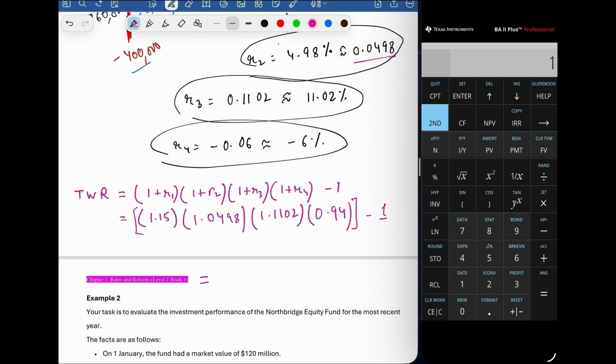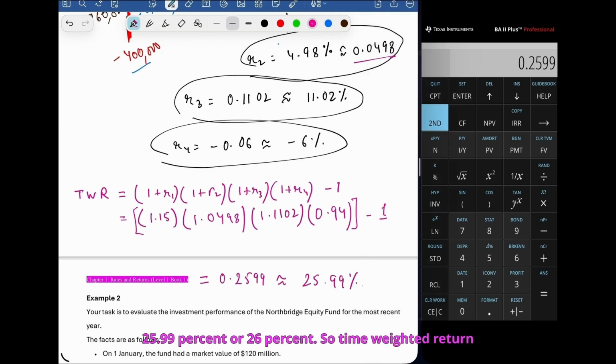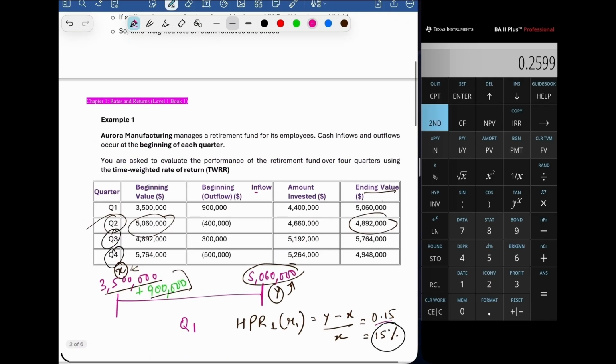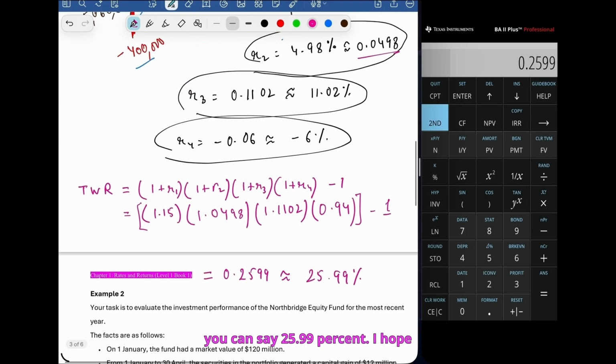Minus 1 is 0.259, or I can say 25.99% or 26%. So time weighted return for this retirement fund is, you can see, 25.99%. I hope you have understood the concept very well.